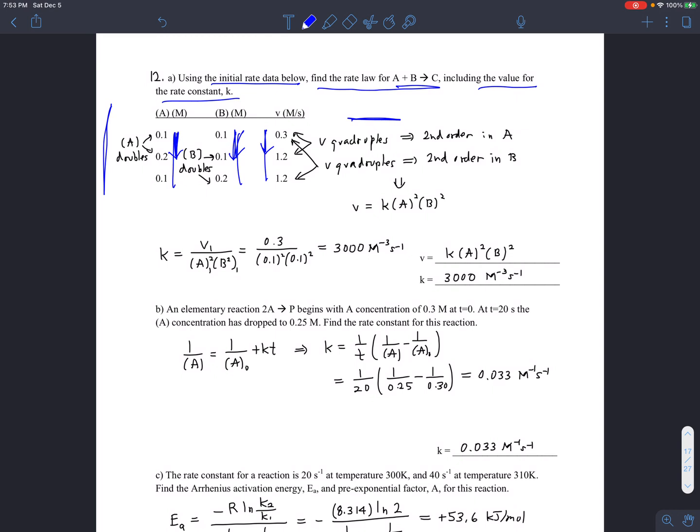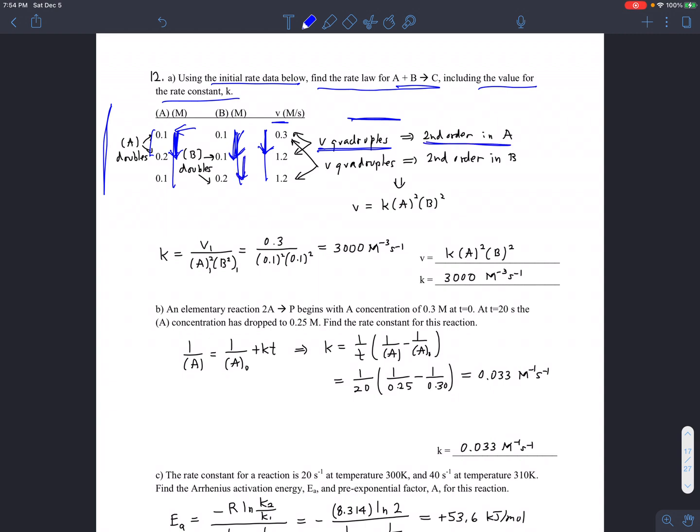So we double the A concentration. The B concentration hasn't changed. And look what happens. The velocity goes up by a factor of 4. The only way that could happen is if the rate law depends on the square of A, right? V quadruples when A doubles means second order in A.